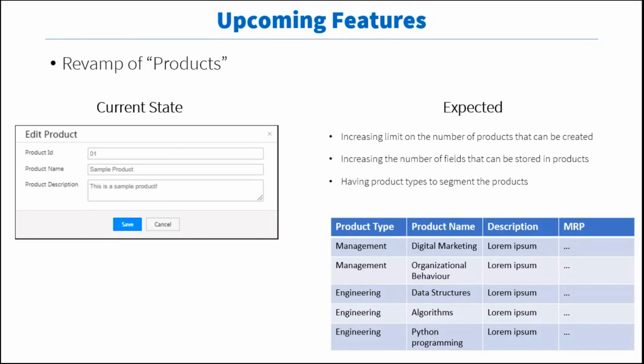Say for example, if it is in the education sector, we're talking about a product called business analytics, and this will be under a product type called management. And there will be a vertical for management, and all the related fields that will not basically change for that particular product.